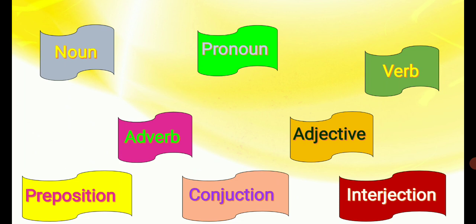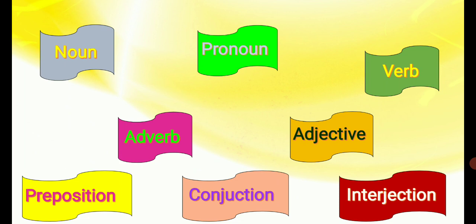After this lesson, we will learn about conjunction and interjection. After that, we will have completed all 8 parts of speech in our standard. So we need some of these parts of speech to make a sensible sentence.